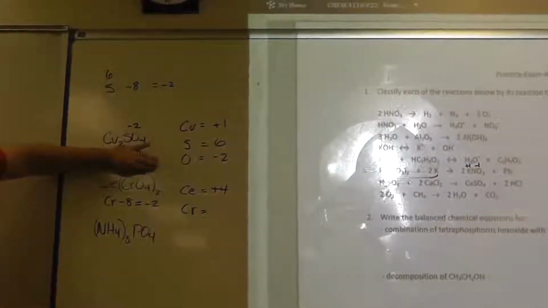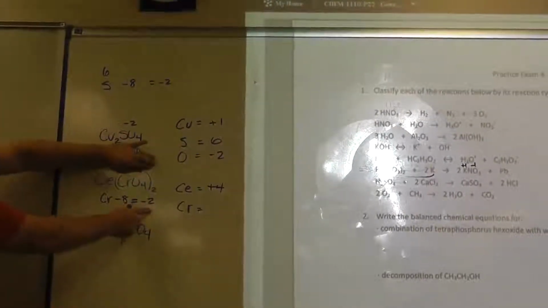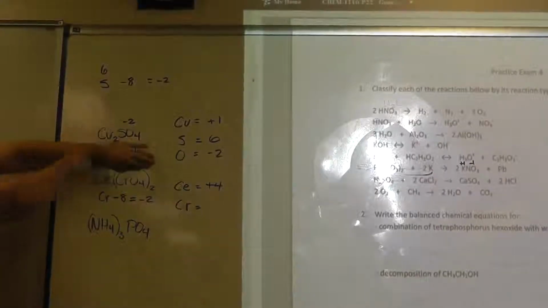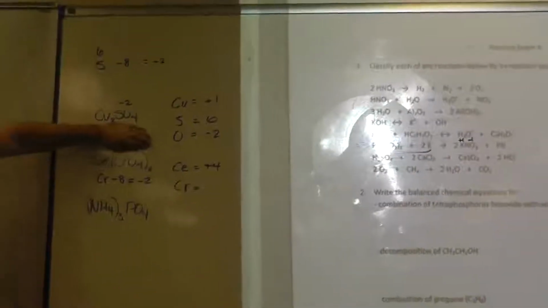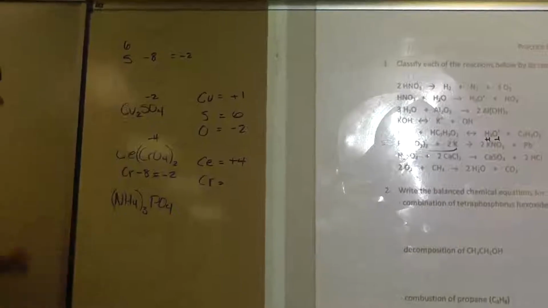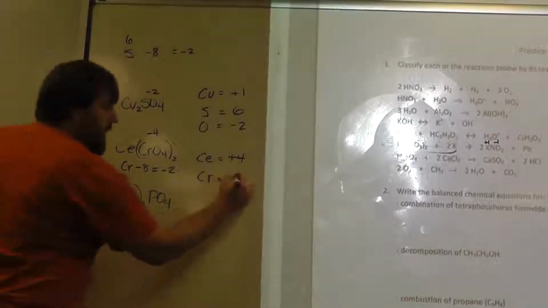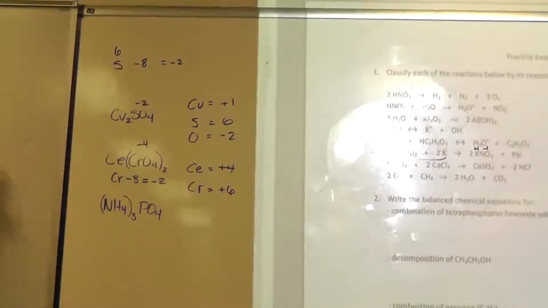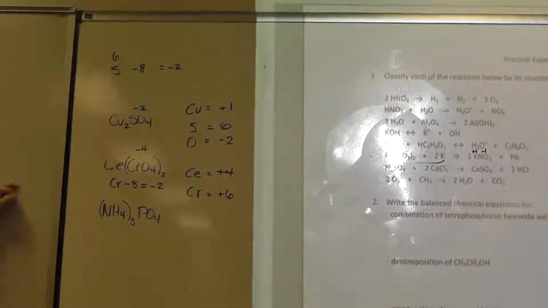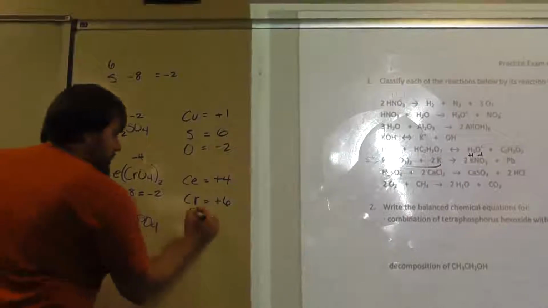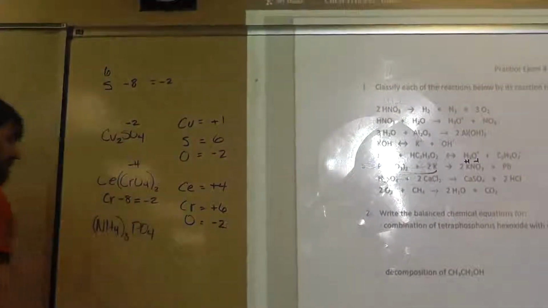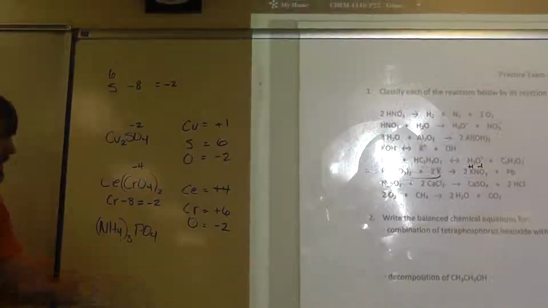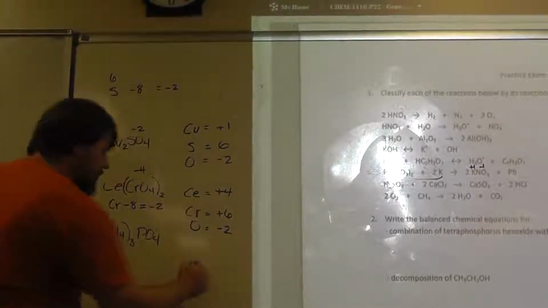The charge on the whole chromate is -2, so that's what you have to come up with, just like we did for sulfate. Does everybody see that? So when you solve for it, chromate's going to actually have the same charge here as your sulfur did up top. It just happened to work out that way. Oxygen's still going to be -2.